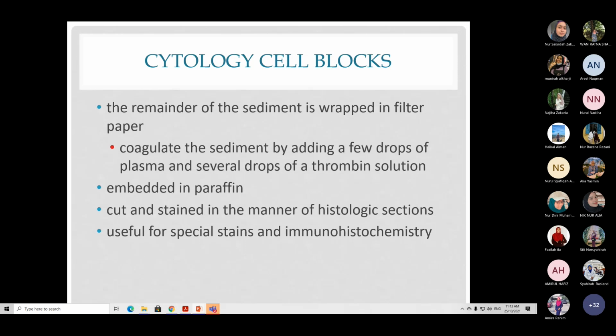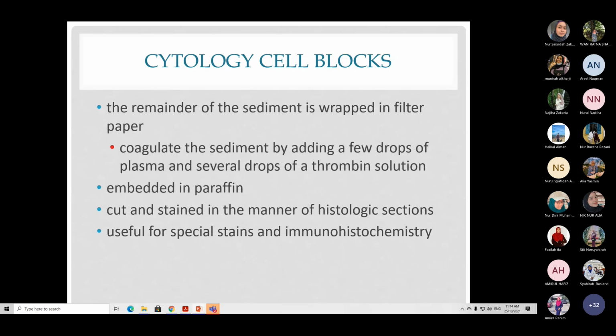As I mentioned just now, this is for special cases where you can't really diagnose, or the pathologists in the hospital can't really determine whether the cells in the fluid are malignant or not malignant. So they have to perform cell blocks.